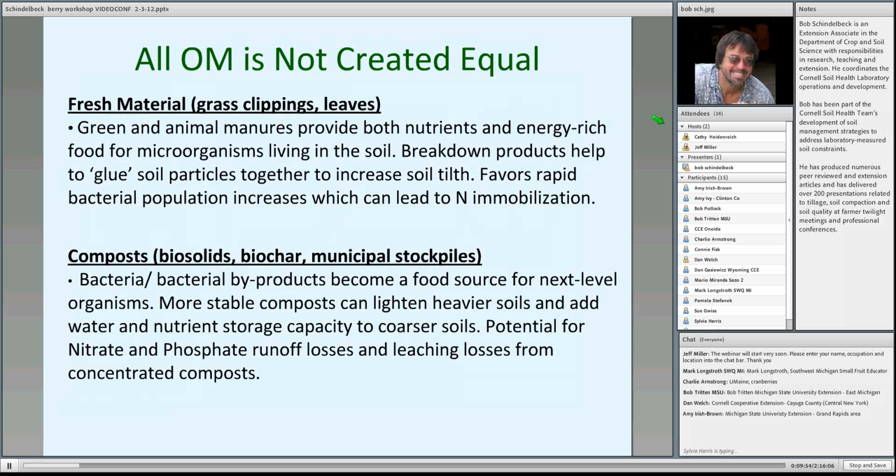But when we're dealing with fresh material, this could be additions like grass clippings or leaves, as well as growing cover crops, the crop itself, green manure, if you will. These compounds are very young and fresh and wet.